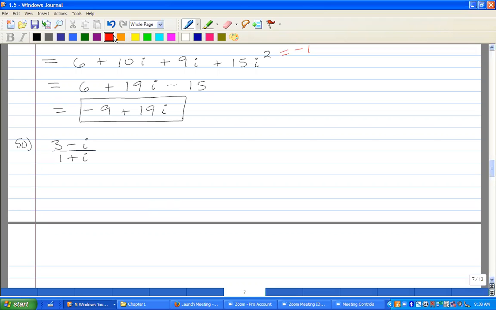And so what I want to do here is write this in the form a plus bi. So I don't want an i in the denominator. So what I'll do is multiply and divide by the complex conjugate of the denominator.